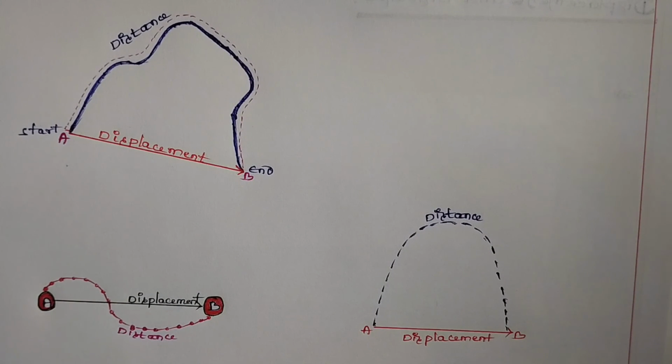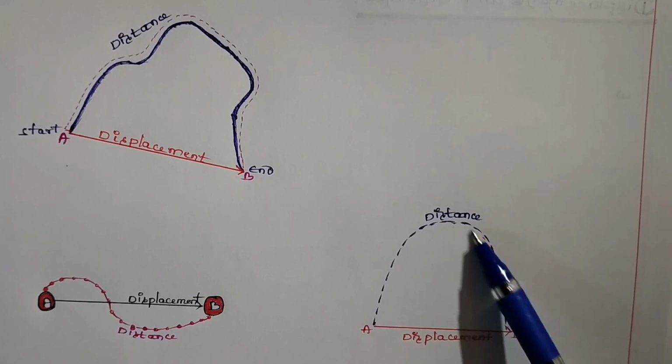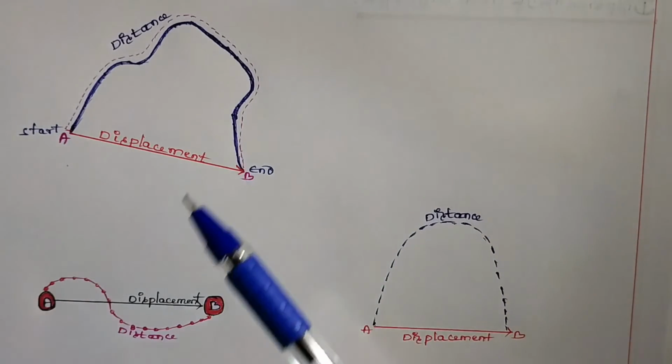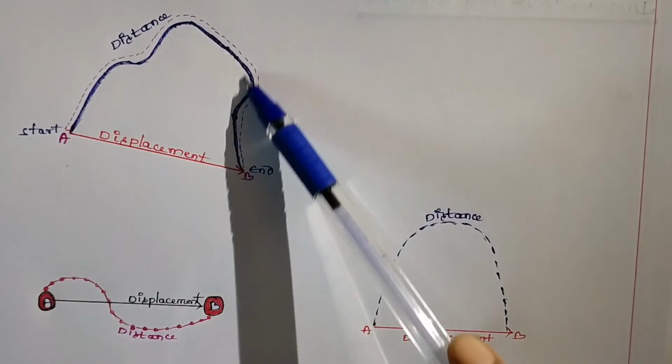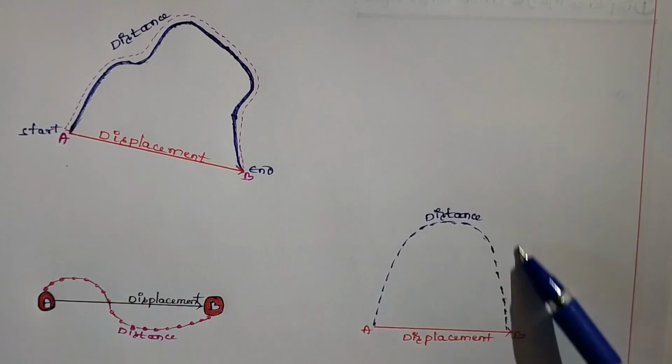Distance can be measured along any long path, which may be straight or any curved path. Distance depends on the path it followed.